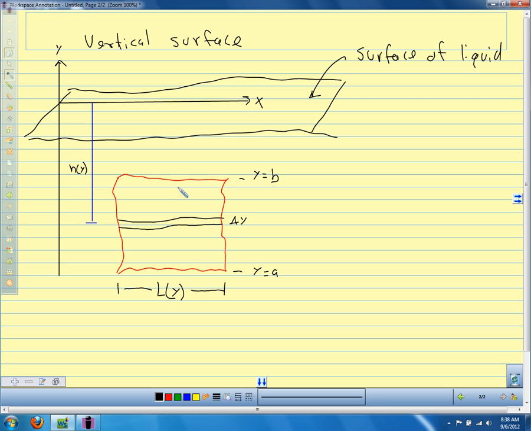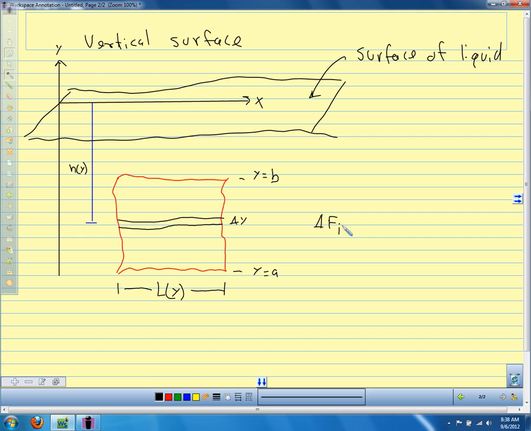Or for our centroid, for our moments, we found the moment of each little strip and summed those over the entire planar lamina. We're doing the same thing here. We're dividing this into little rectangles and summing the force on each little rectangle as we move vertically up the surface. So our little increment of force on this rectangle, I'm going to call it delta F.